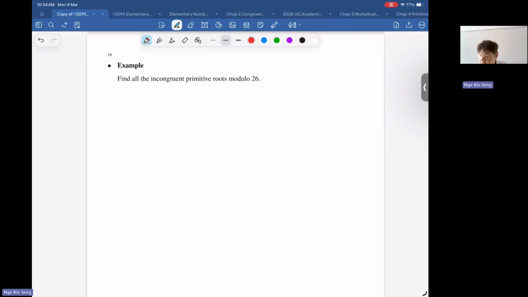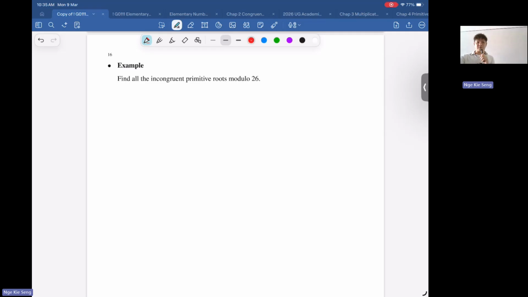So how should we start? What's the keyword for primitive root? First of all, you want the GCD between this root and 26 to be 1. And second, you need to check the order of your element, whether it is φ(26) or not.